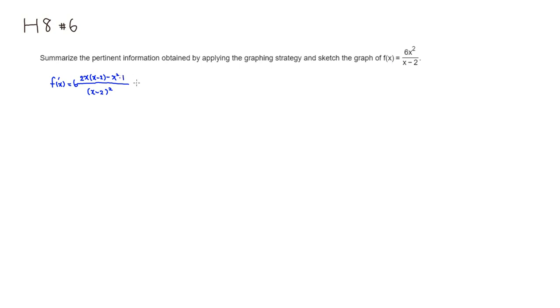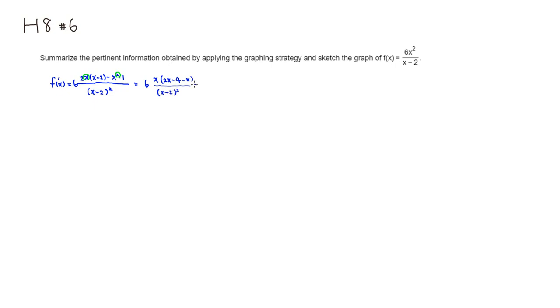So we can pull out, 6 is already here, and x is in common. We have x in both terms, so I'm going to pull x out. What's left is 2 times x, so 2x, and 2 times negative 2, so negative 4, and the minus x, over x minus 2 squared.